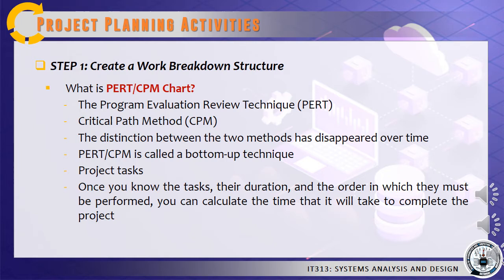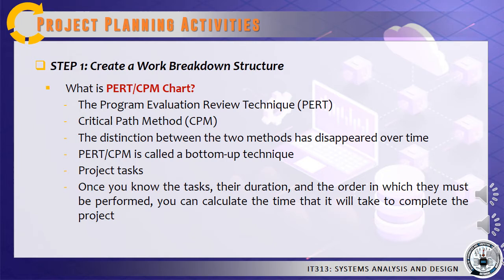For example, some tasks cannot start until other tasks have been completed. In other situations, several tasks can be performed at the same time. In other words, some tasks are dependent upon the completion of other tasks. On the other hand, some tasks can be completed simultaneously with other tasks.